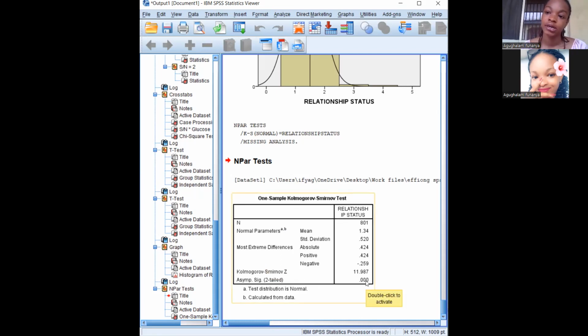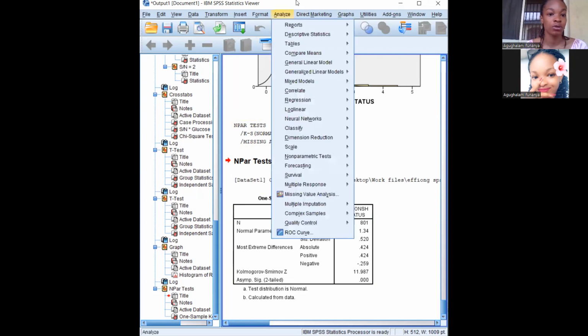So our alternate hypothesis stands, and we can say that our data was not drawn from a normal distribution for this relationship status.